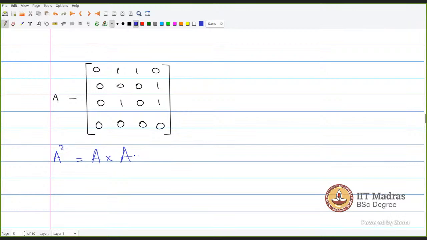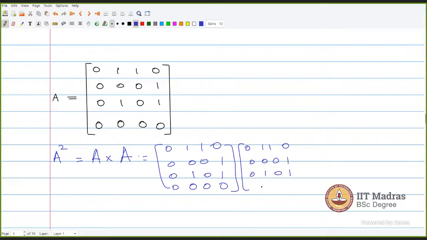And in this new matrix A square, once I find it out, that will be 0 1 1 0 0 0, 0 1 0 1 0 1 0 0 0 0. So I should multiply it with 0 1 1 0 0 0 0 1 0 1 0 1 0 0 0 0. If I multiply this, remember we have to multiply the first row, first column: 0 times 0, 1 times 0, 1 times 0, and 0 times 0.